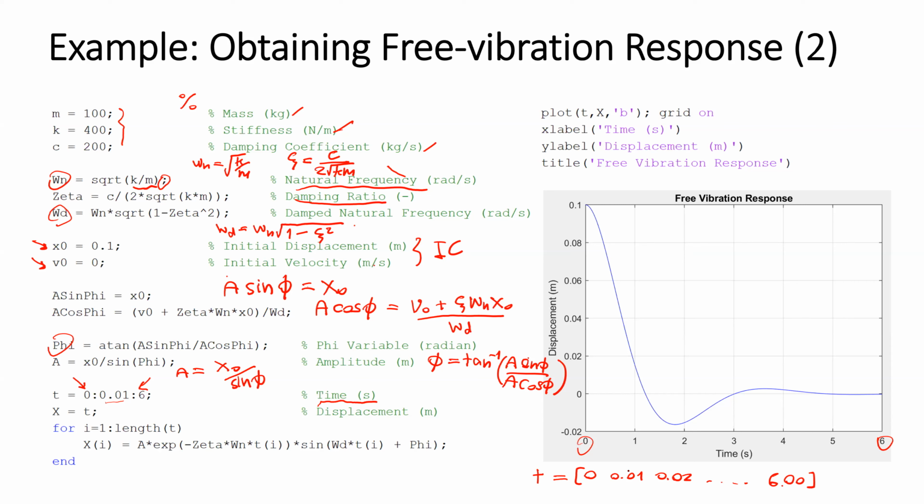And I define the variable x to store the displacement value. In this line, I say x equal to t so that I can build the storage of the variable with the same dimension.